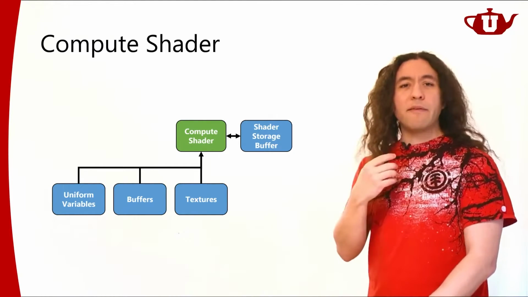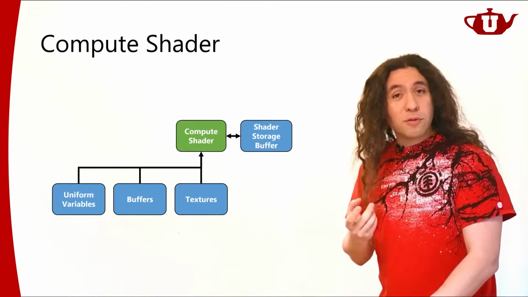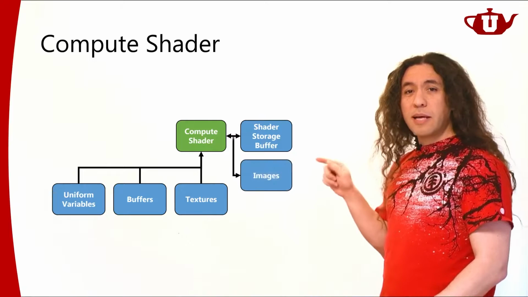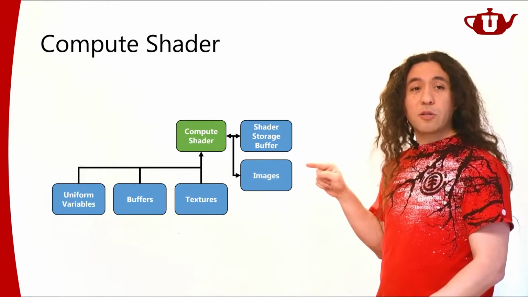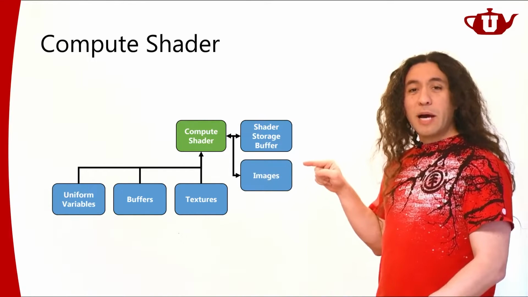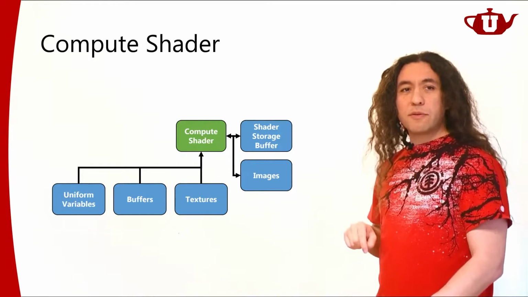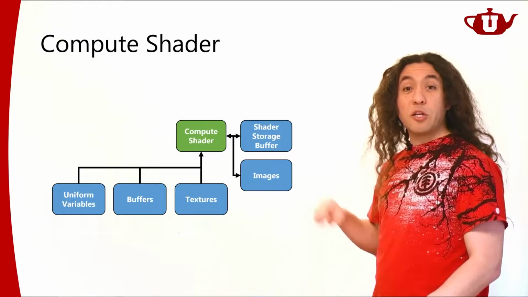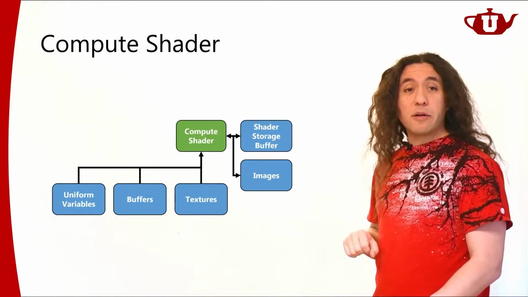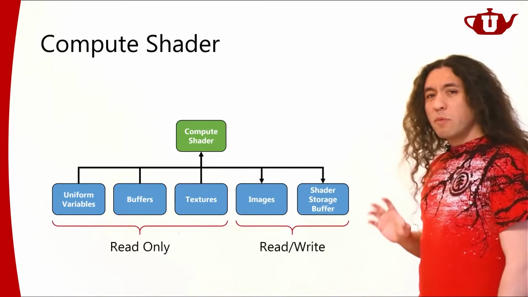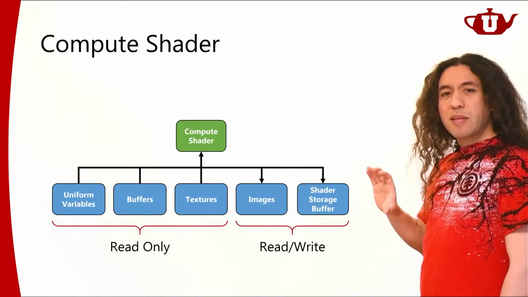In that case, we have a more helpful alternative to shader storage buffer. That's images. We can write to images, we can read from images. Images and shader storage buffers are what we can use for compute shader output. We can also use them as inputs. So it's probably better to think about them like this.